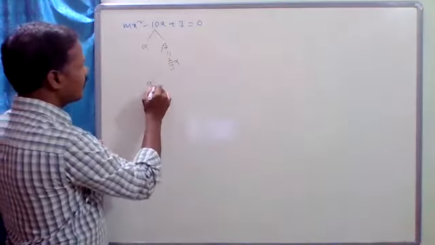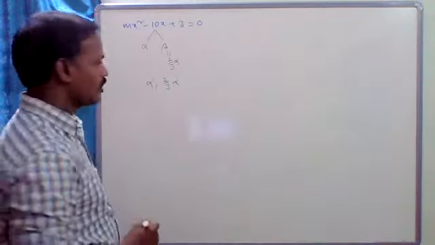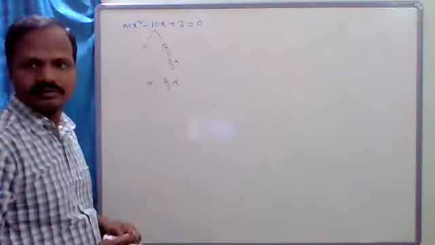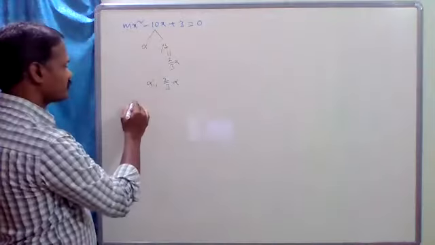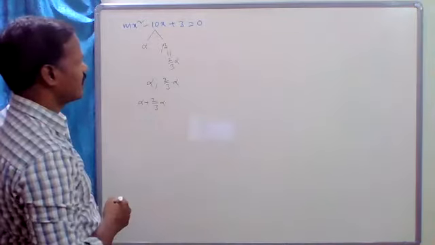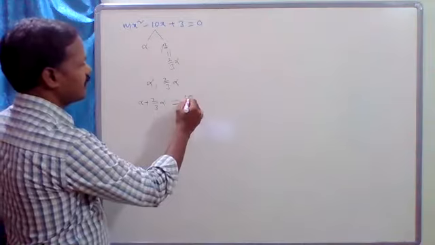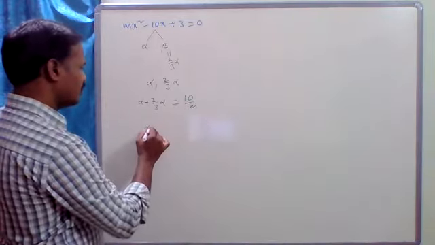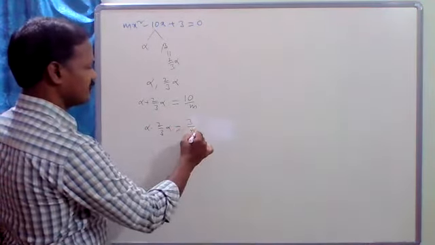Now find the sum of the roots. Now the roots are alpha and 2/3 alpha. Alpha plus 2/3 alpha equal to 10/m. Next, alpha into 2/3 alpha equal to 3/m.